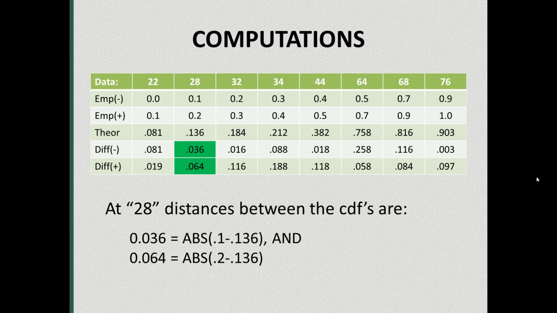How far is the bottom distance, the 0.1, from 0.136? It's 0.136 minus 0.1, so 0.036 away in absolute value terms. And similarly from 0.2 to 0.136, that distance in absolute value terms is 0.064.